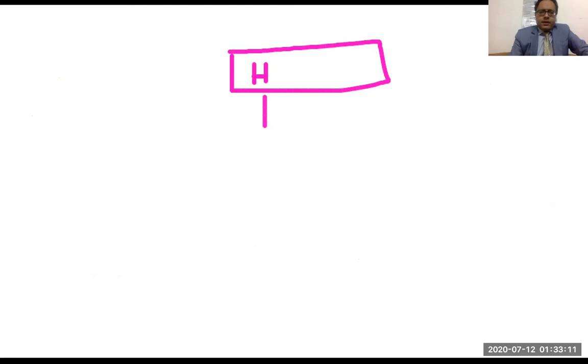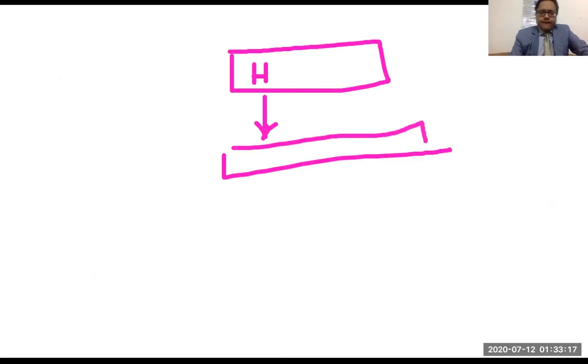So we know about the basic adrenal axis. At the top there is the hypothalamus, H. Then it is connected with the anterior pituitary, AP. And then it is connected with AC, which is the adrenal cortex.